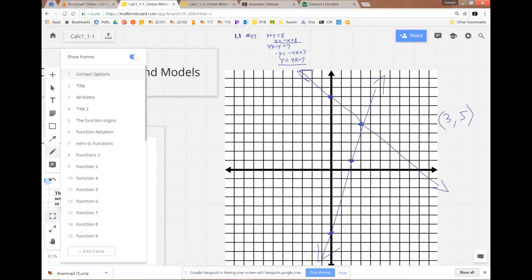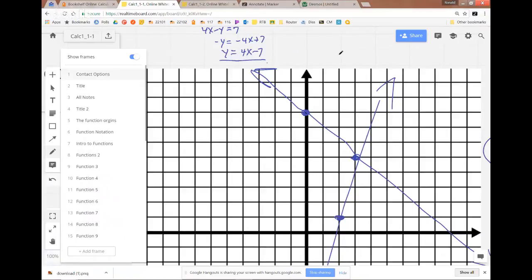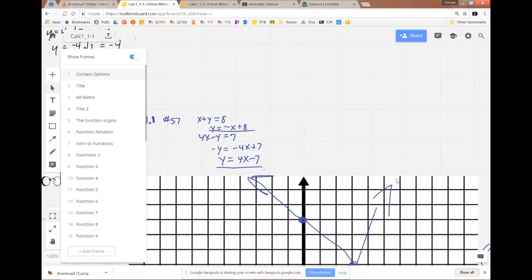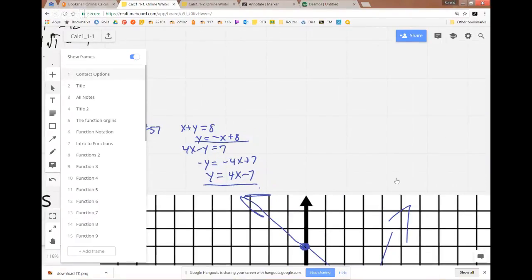Now let's go back and do the algebra. So we have y equals -x plus 8 and y equals 4x minus 7.